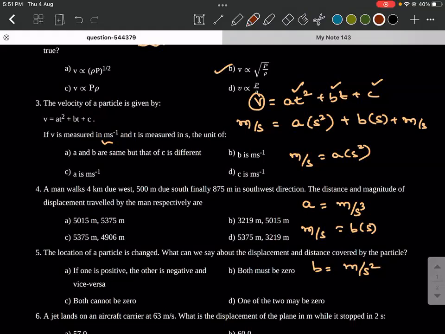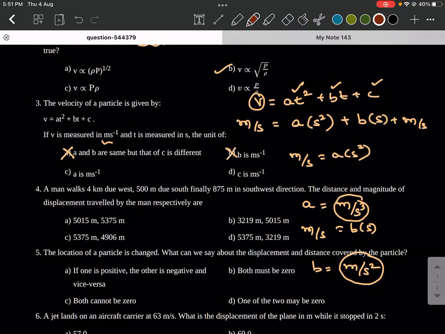Right. Now check what are the right options. A and B are same, but C is different. Is it right? Because A is meter per second cube, B is meter per second square. So option A is wrong. What about option B? B is meter per second. Is it right? Wrong.